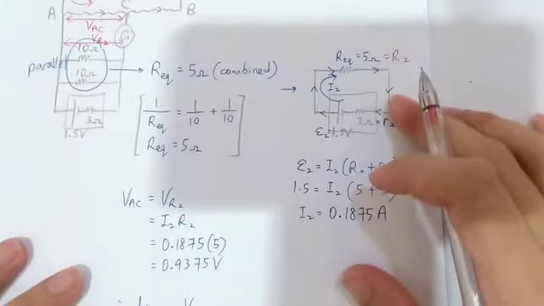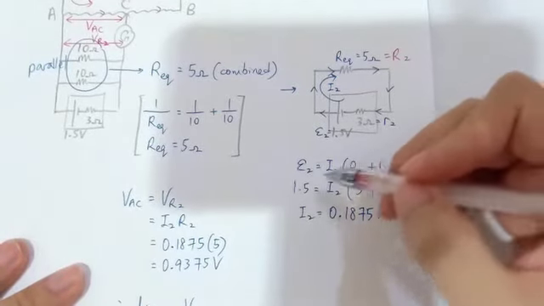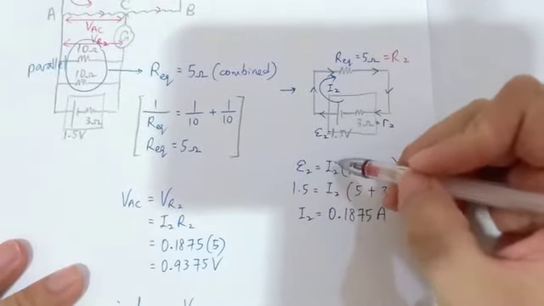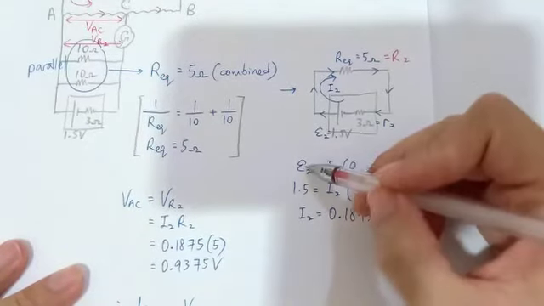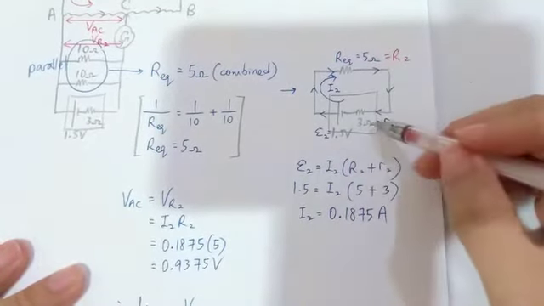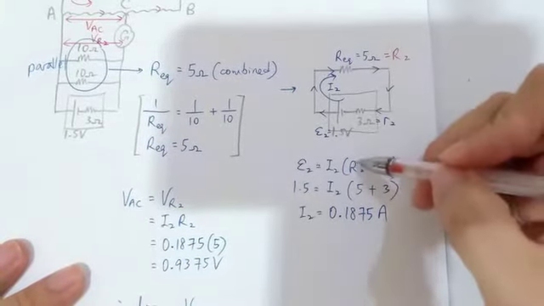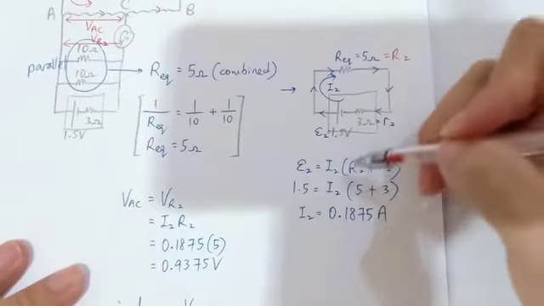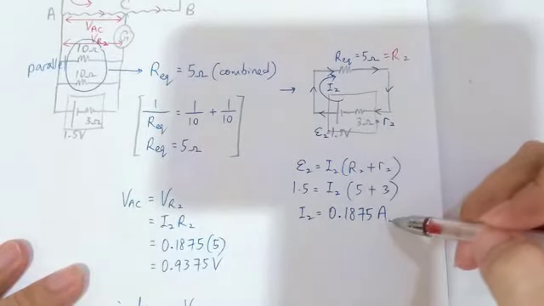E2 equals I2 times (R2 plus r2). E2 is 1.5, r2 is 3 ohm, and the new R2 is 5 ohm. The new I2 is 0.1875 ampere.